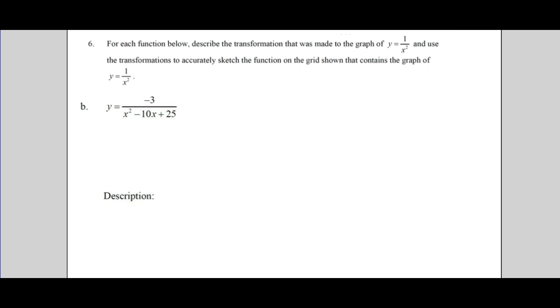For each function below, describe the transformation made to the graph of y equals 1 over x squared, and use the transformations to accurately sketch the function on the grid shown that contains the graph of y equals 1 over x squared. Okay, what's x squared minus 10x plus 25? x minus 5 quantity squared.